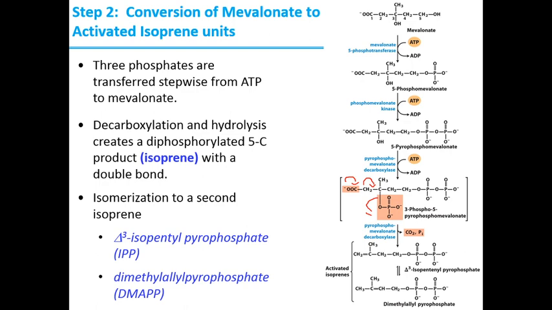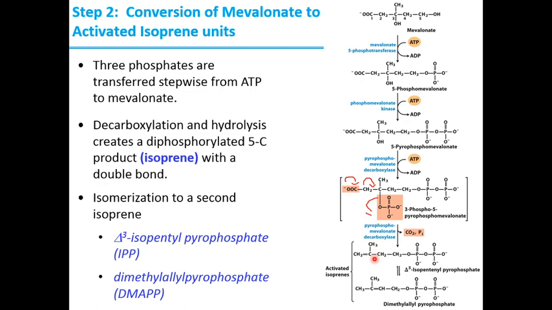As a result, you end up with delta-3 isopentenyl pyrophosphate. Now, delta-3 isopentenyl pyrophosphate, or IPP, can further isomerize to form dimethyl allyl pyrophosphate, or DMAPP. And the isomerization reaction is where this hydrogen moves here, and this double bond abstracts a proton.